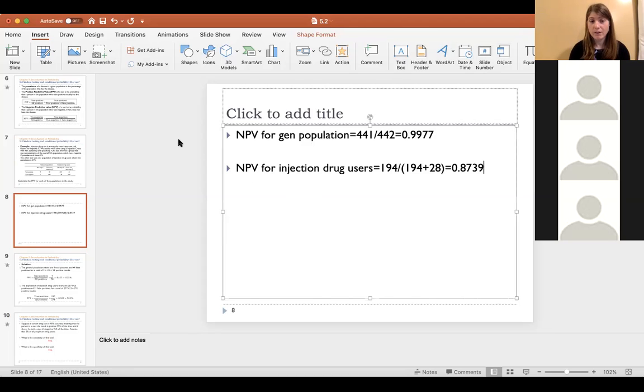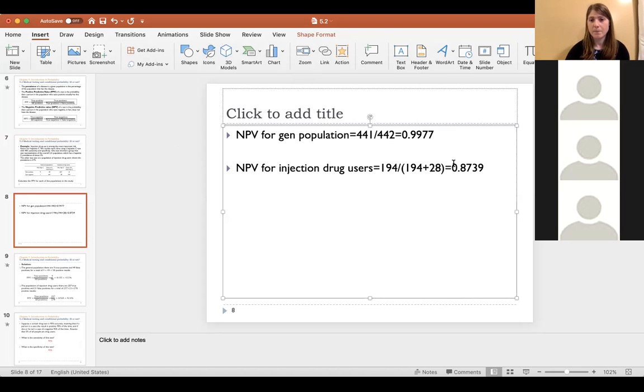So in general, it would be wonderful to have a really high PPV. In other words, when you get a positive, for it to mean the person has the disease, and a high NPV when you get a negative, for it to mean that you don't have the disease and rule it out. When you have a low PPV or a low NPV, you might want to think about retesting.